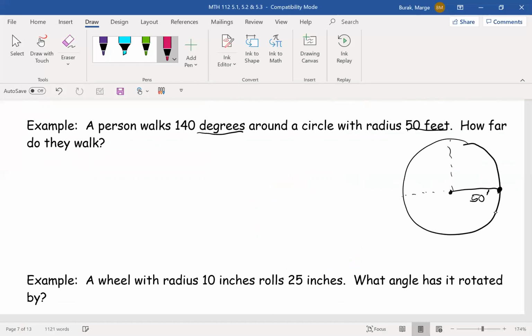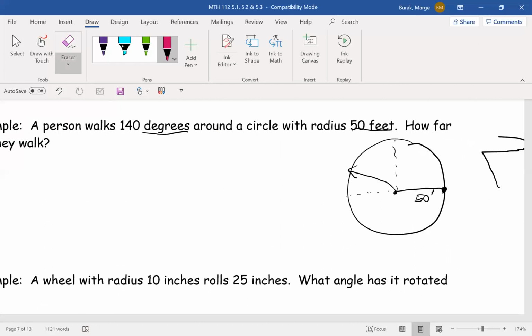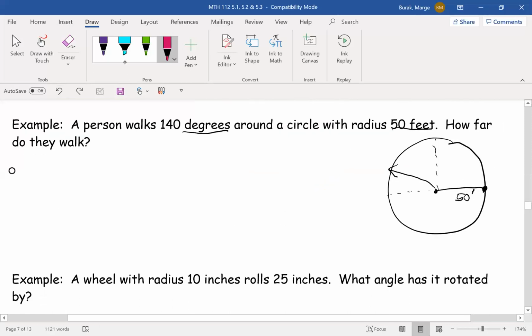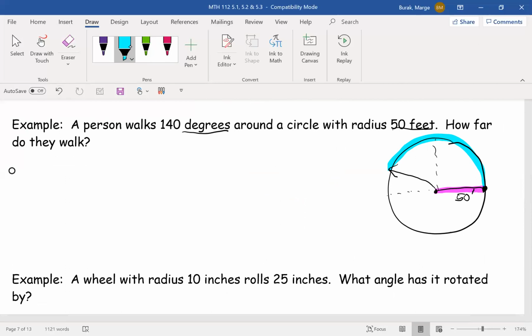So 140 is going to be about right there. So they're walking right here, and we want to know how far did they walk. Well, if this is 50 feet, we know it's more than 50 feet, okay?